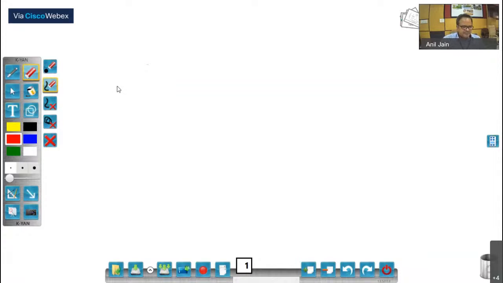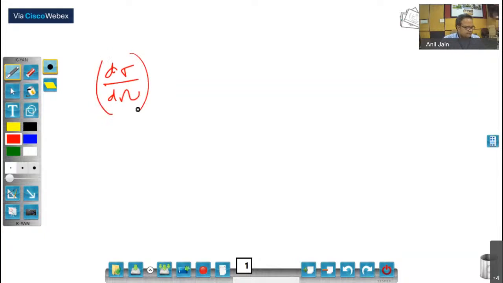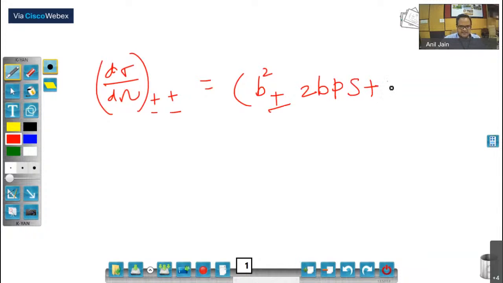So this expression becomes B squared, as in the previous expression, B_m B_n star, plus or minus 2BPS plus P squared S squared.